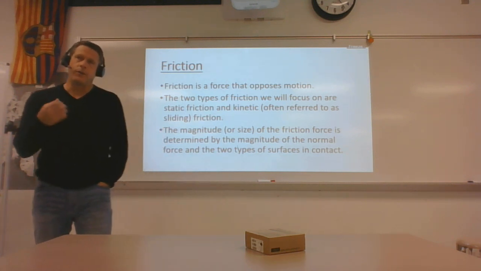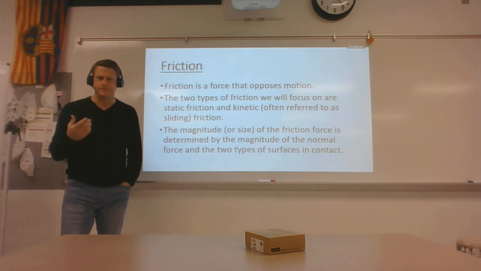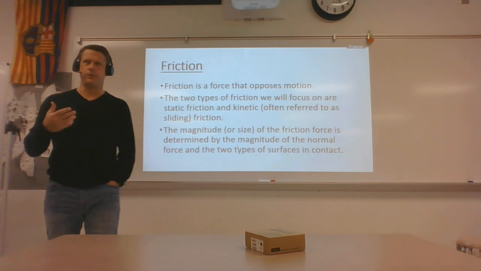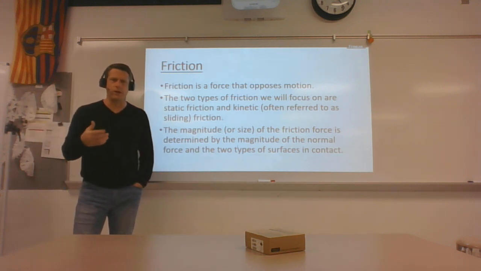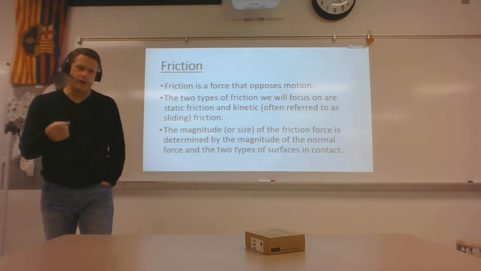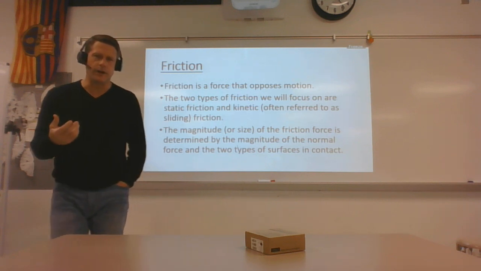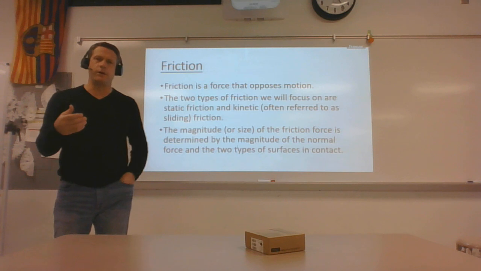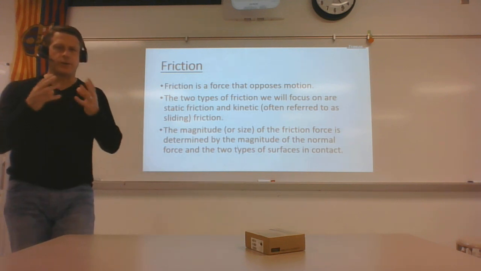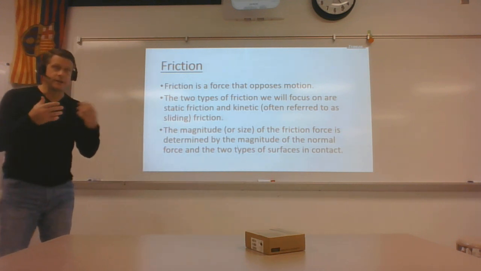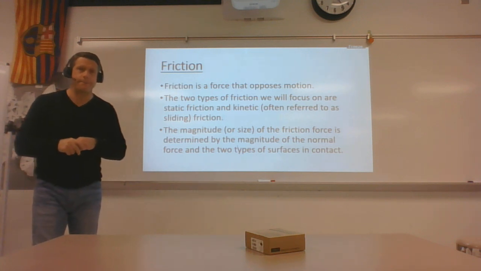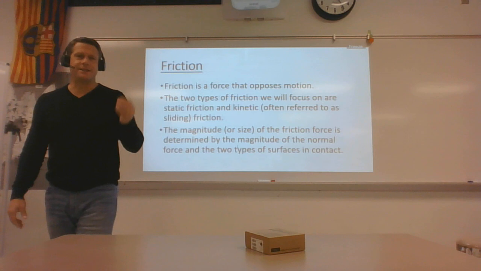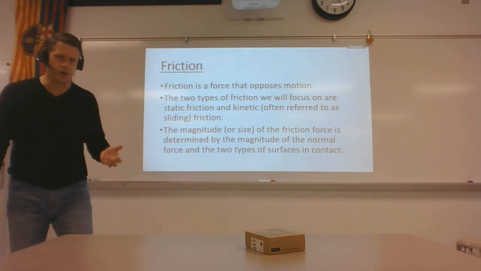Now, the easiest part about friction, the part you see in your everyday life, is friction when an object is moving. That's going to be the easy part for us. Perhaps a more difficult part will be friction when an object is not moving. So friction is a force that opposes motion or the desire to have motion.